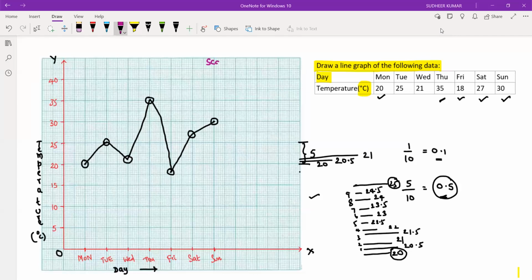All right, the scale on the x-axis: 1 centimeter equal to 1 unit. The next one on the y-axis: 1 centimeter equal to 5 units.